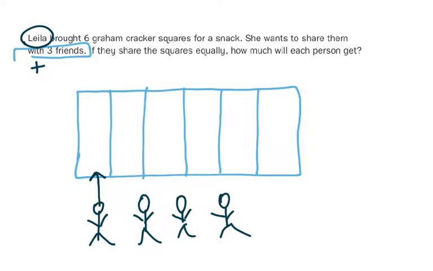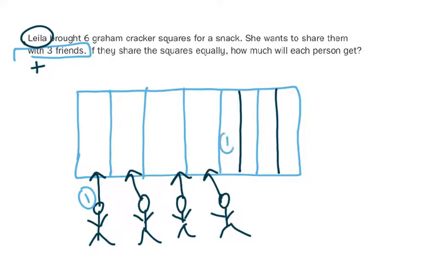So friend number 1 will get 1 full one. Friend number 2 will get a second one. Friend number 3 and Lila will get this one. Now what we have left is 2 squares, and we have 4 people. So we're going to divide each one of those in half again. And friend number 1 will get that. Friend number 2 will get this part.